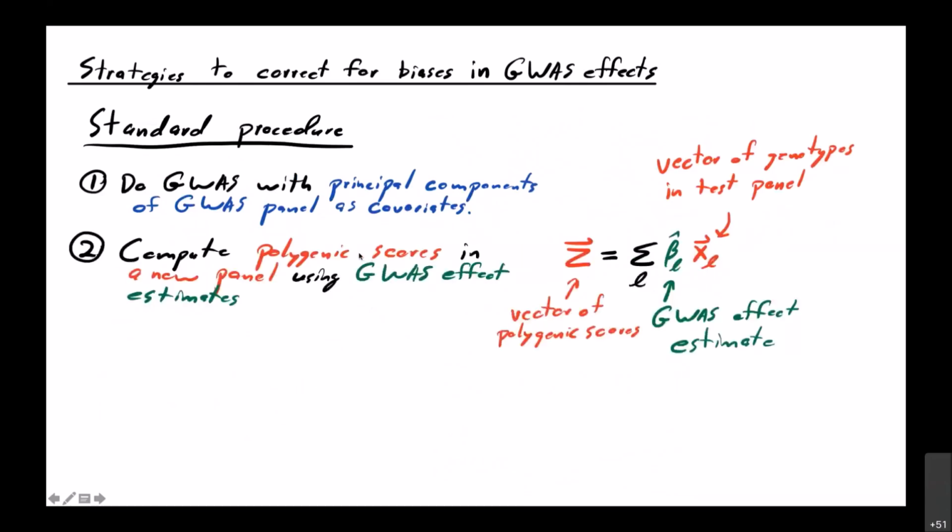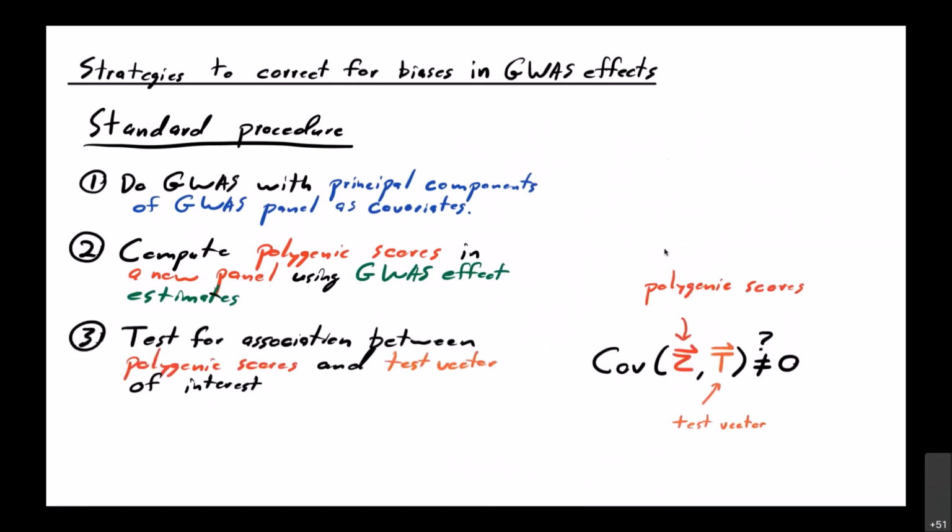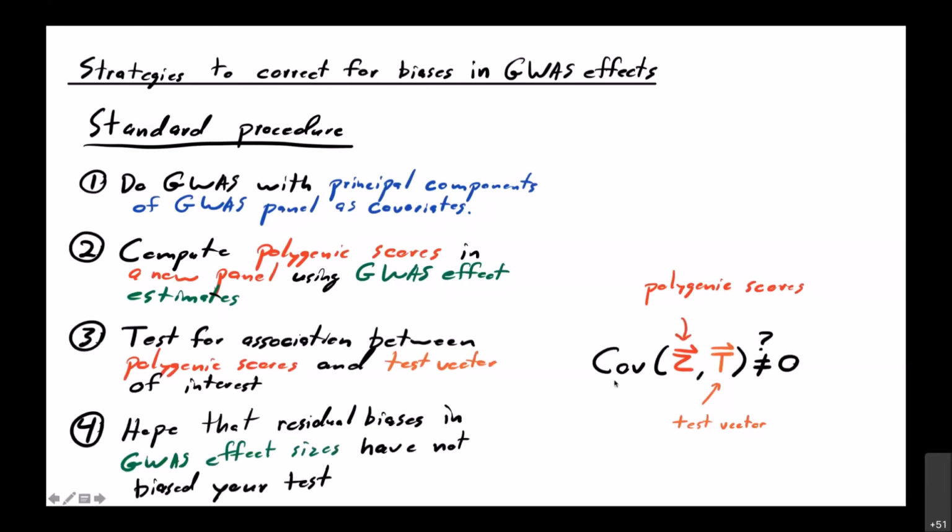You compute polygenic scores in the new panel using the effect sizes that you obtained from that GWAS. And then you test for an association between polygenic scores and your test vector. And you ask, is this covariance between these two things different from zero according to some statistical test? And then you hope that the residual biases in the GWAS effect sizes have not biased your test.